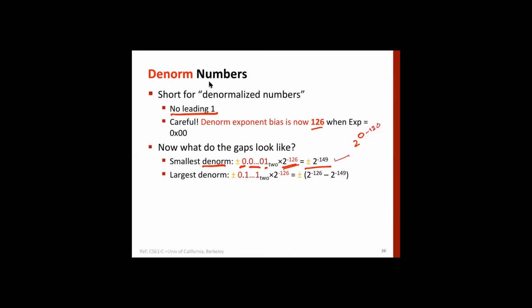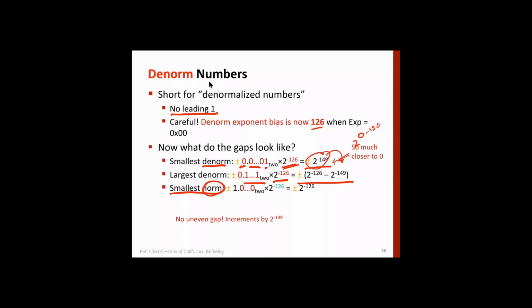The next will be this one plus a similar number right here. This will be the next number after the smallest denorm, and so on. The largest will be when all these bits are 1, and this is of course 2 raised power minus 126. So this will be the largest denorm number. And where is the smallest norm number?